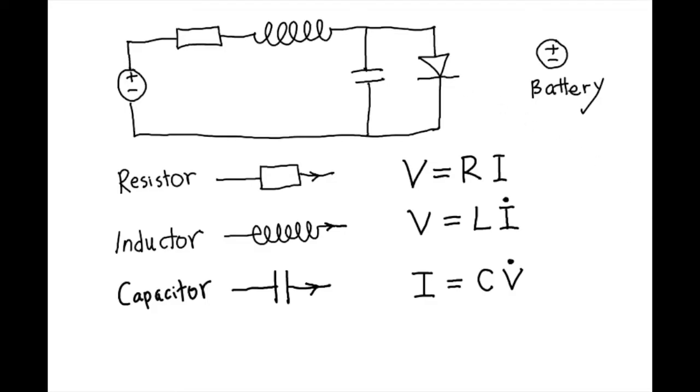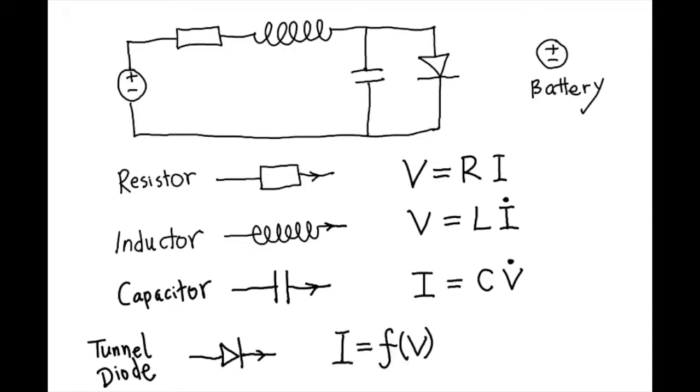For the diode, this is the tunnel diode. One thing about the diode is that the current only flows in one direction. The current can only flow this way, it cannot flow the other direction.